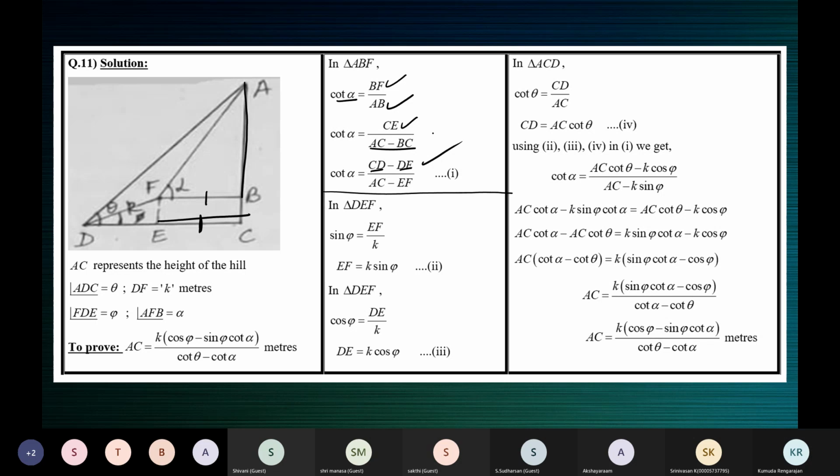And in the denominator, AC, as of now, we cannot say anything else for AC. So AC is AC, but BC can be written as EF.